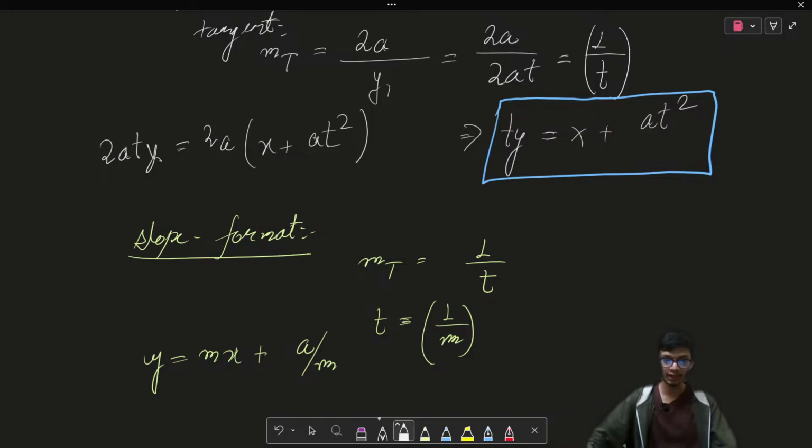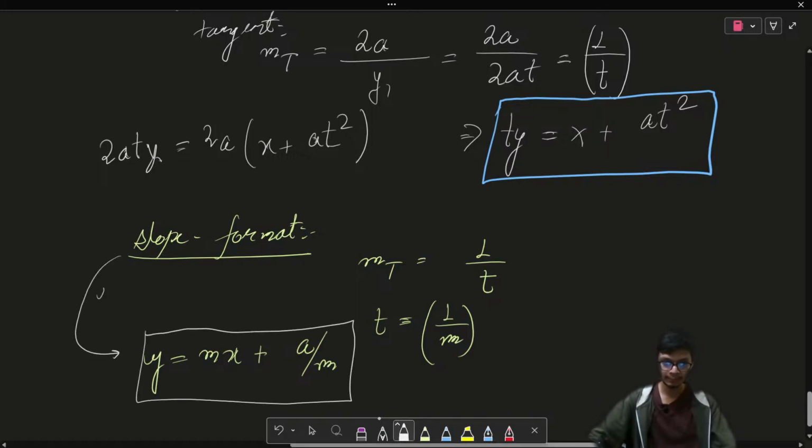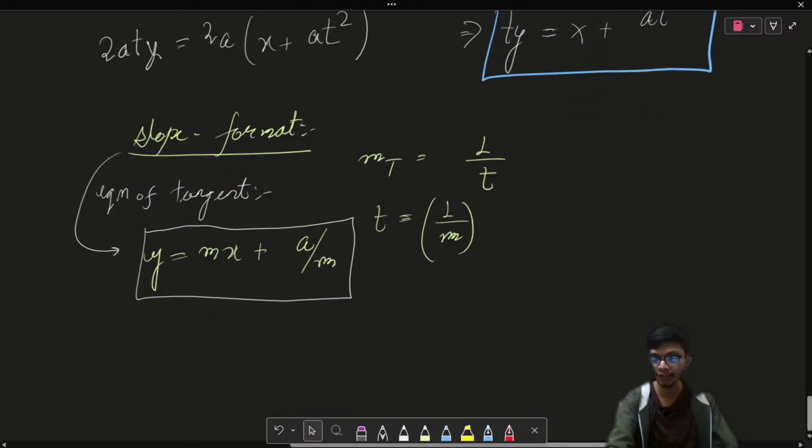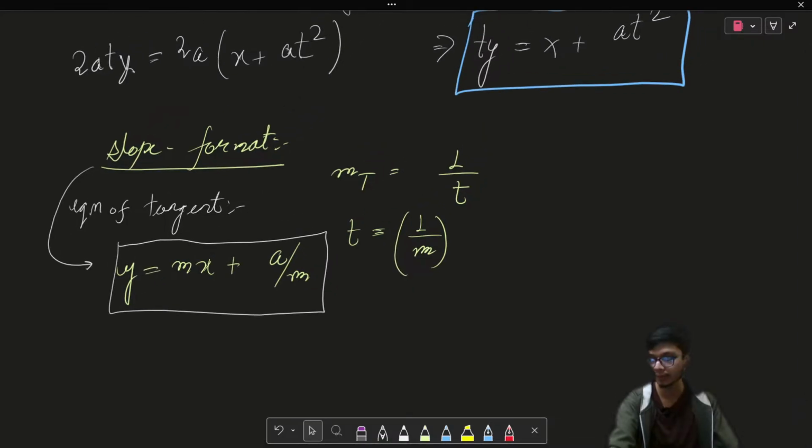Okay, so this is called the general equation of a tangent in the slope format. I hope these three formats, or the three equations of tangent in different formats, are clear to all of you, right? So this is how we obtain the required relation.